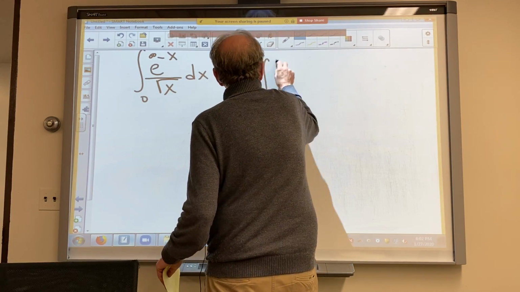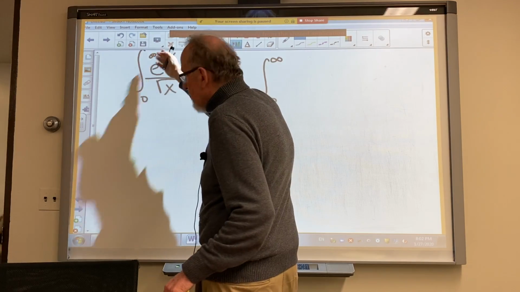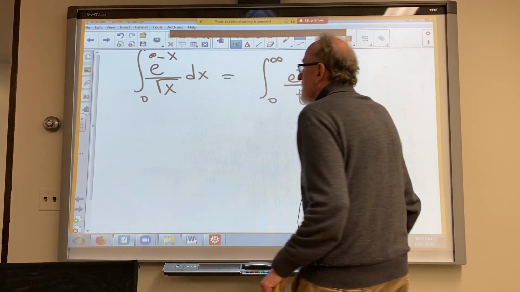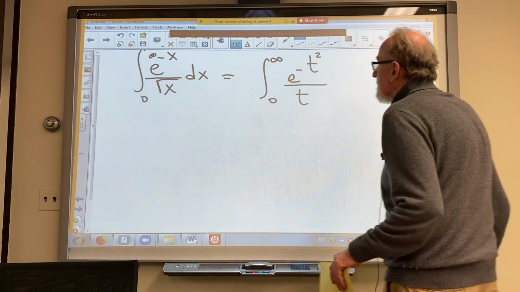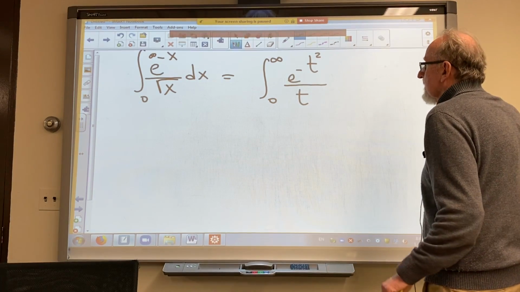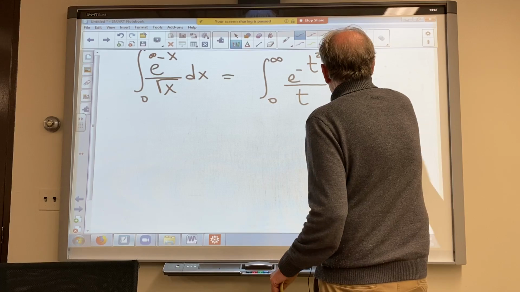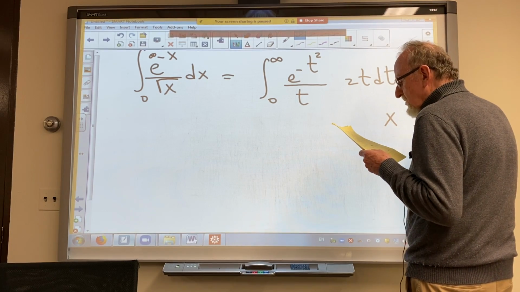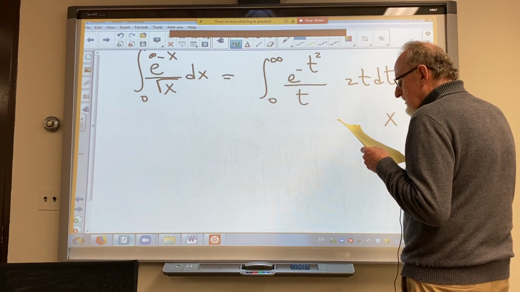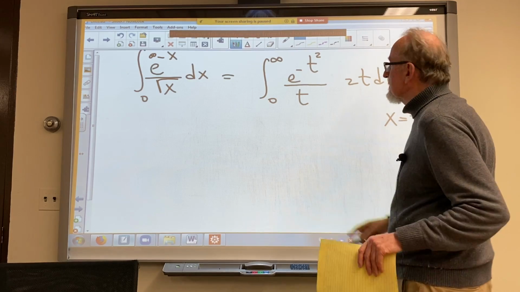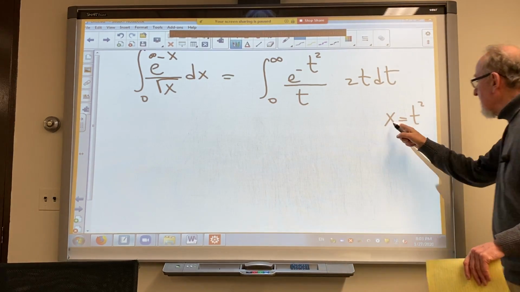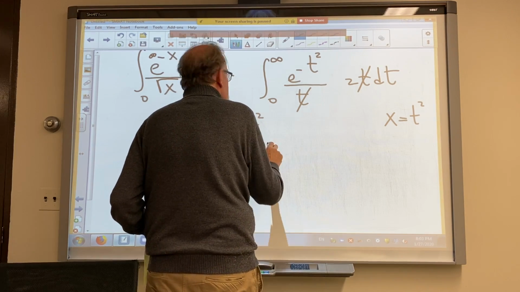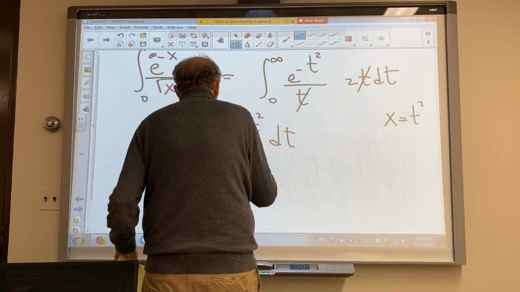So you get the integral still from 0 to infinity, because the square root of 0 is 0 and the square root of infinity is infinity, but you get e to the minus t squared over t, because square root of x is t, and dx is 2t dt. So x I call it t squared, dx is 2t dt, and so the t's go away, and I get twice the integral of e to the minus t squared dt from 0 to infinity.